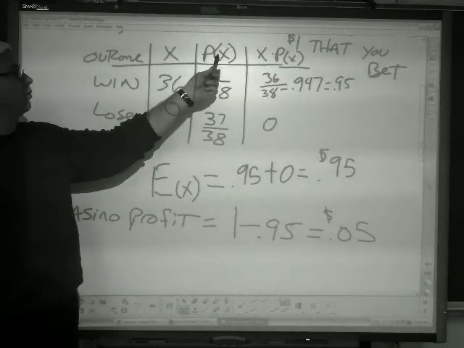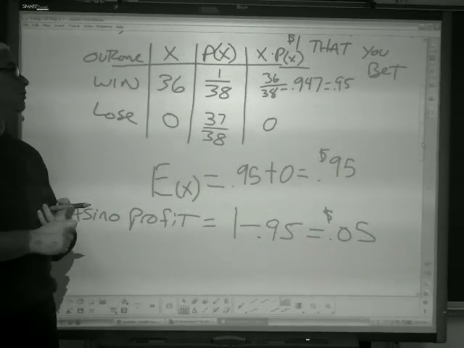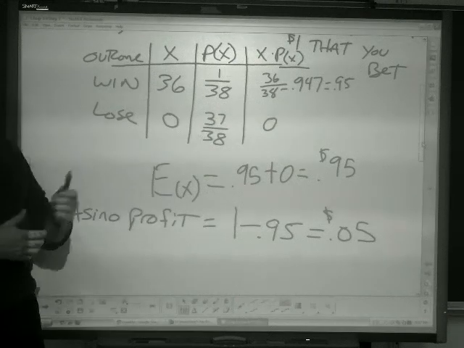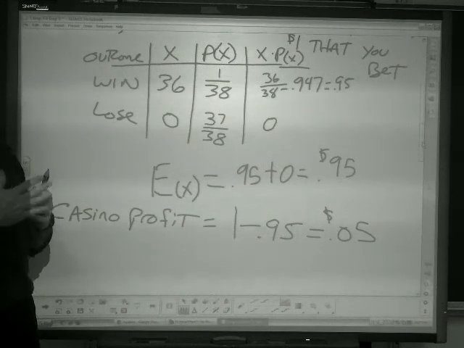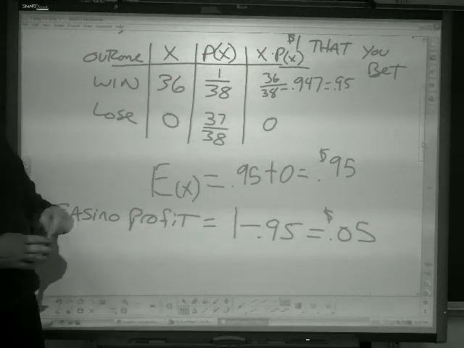The probability you're a winner is 1 out of 38, because remember, there's 36 numbers plus 0 and 00. The probability that you're a non-winner, 37 out of 38. You have to be able to calculate probabilities of situations to fill in this table.